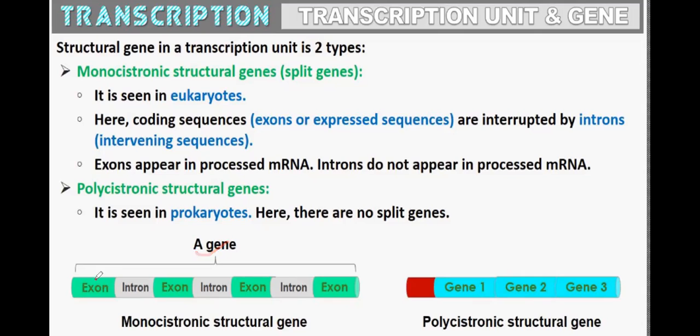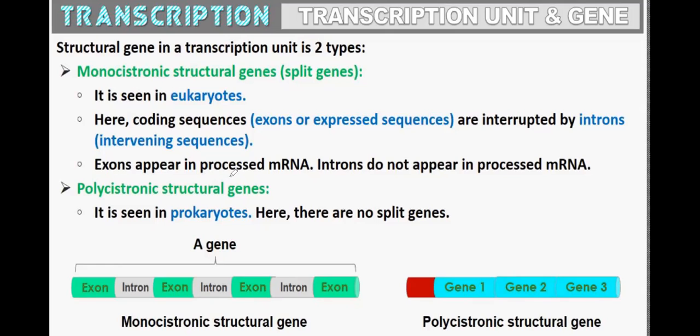It has exon as well as intron. Between exons there is an intron. So exon is also known as expressed sequence, the coding sequence, interrupted by intron, intervening sequence. Exons code for protein, introns don't code for protein. So they alternate with each other. That is called the monocistronic structural gene.